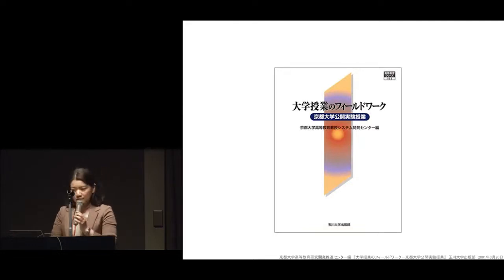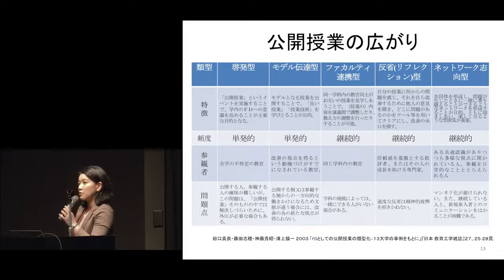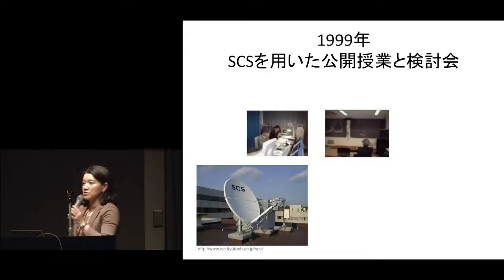which we published. And the open class practice was expanded and extended with many purposes. But people said that visiting Kyoto University every week is quite difficult. So we started to use SCS, the satellite communication system, because in those days, internet was not fast enough.